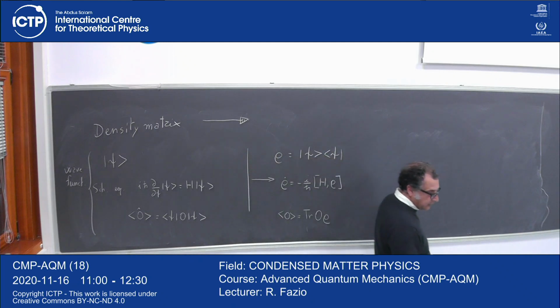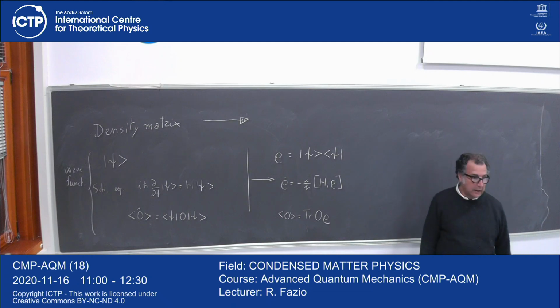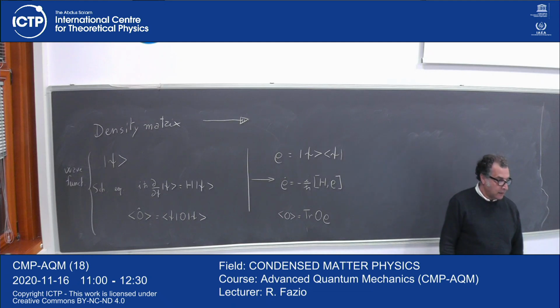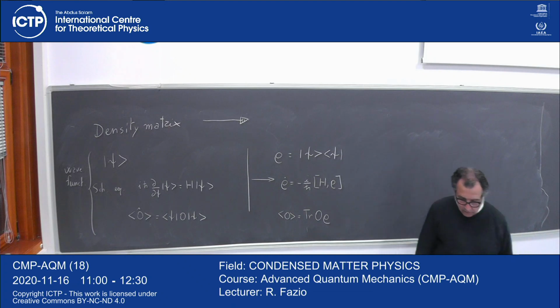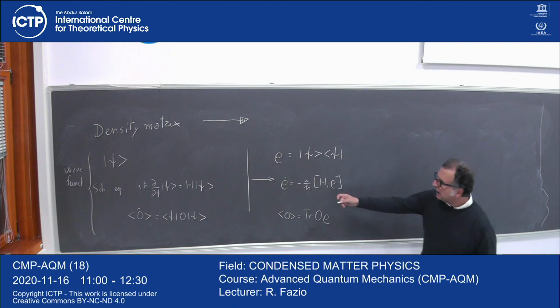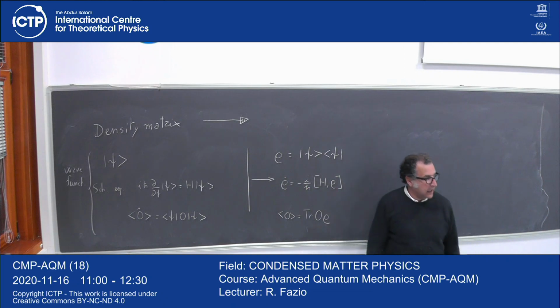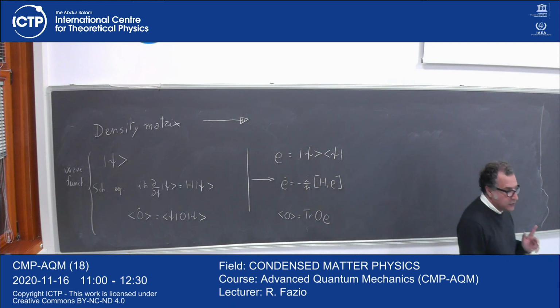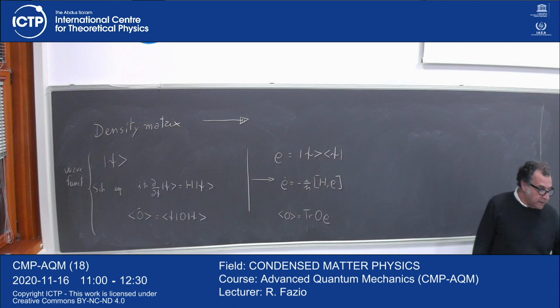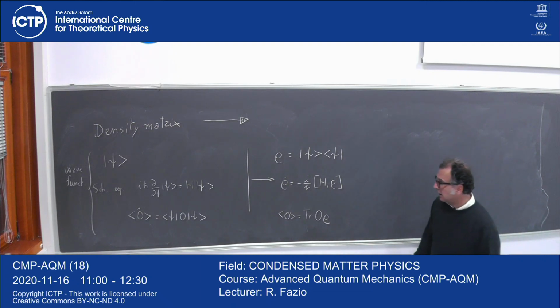It's a projection. However, since rho is describing a quantum state, then in the Schrödinger picture it evolves in time. I just remind you that in the Schrödinger picture the wave function evolves and operators do not depend on time.